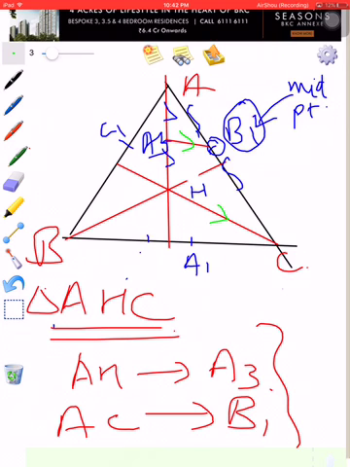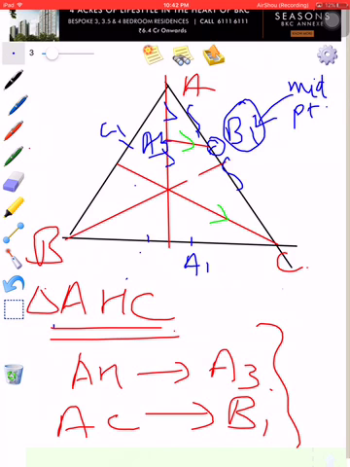What I do next is join A1, B1. This is going to make the diagram a bit complex, so I'll write H on the other side.